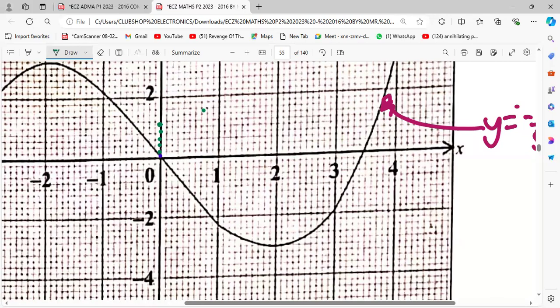Somewhere here, this is where our 1 is. One, 2, 3, 4, 5. Yeah, so somewhere here, that is where our 1 is. Are we able to see the points?